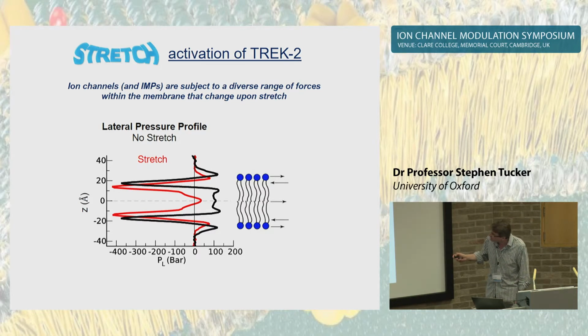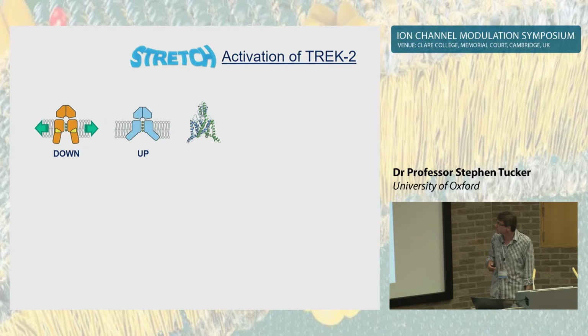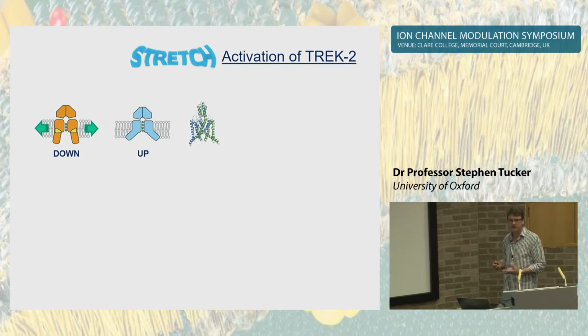And so it's likely that the protein is responding to this change in the pressure profile as you stretch the membrane. So we seem to have this intuitively attractive model for how the channel moves from the down to the up configuration, perhaps like this, when you stretch the membrane.